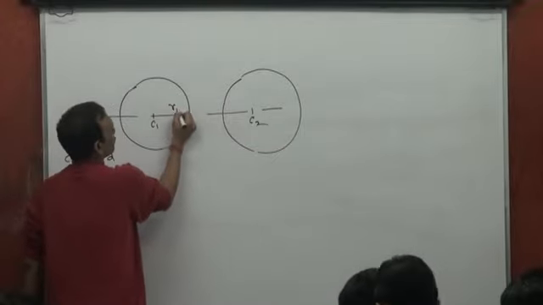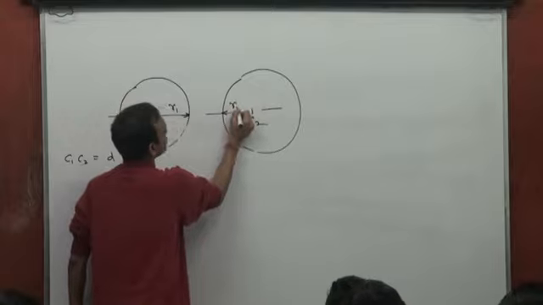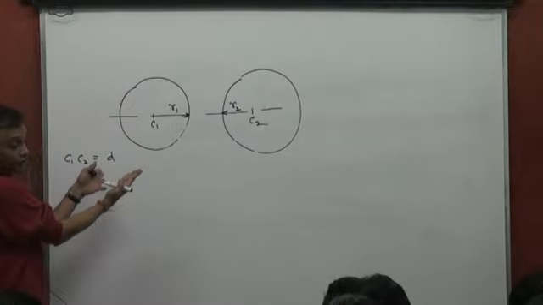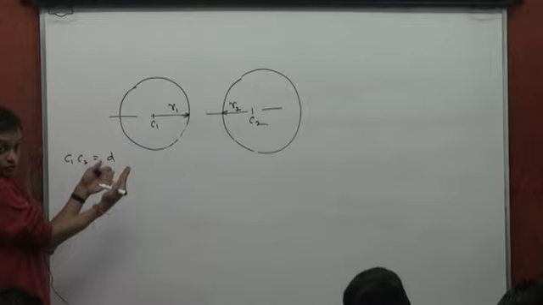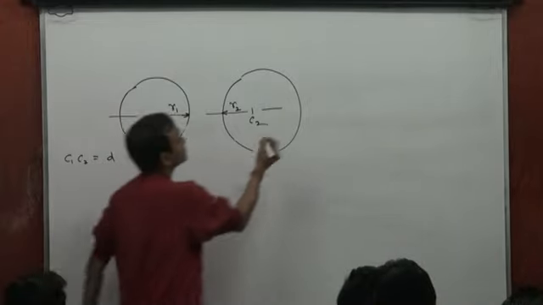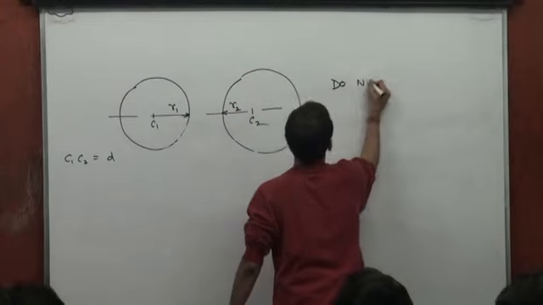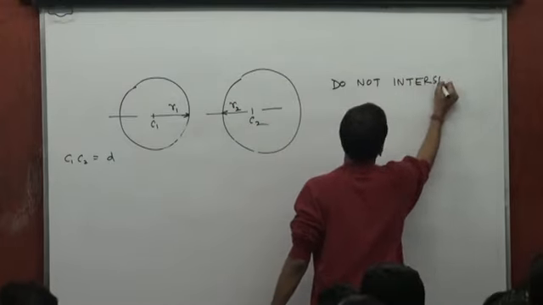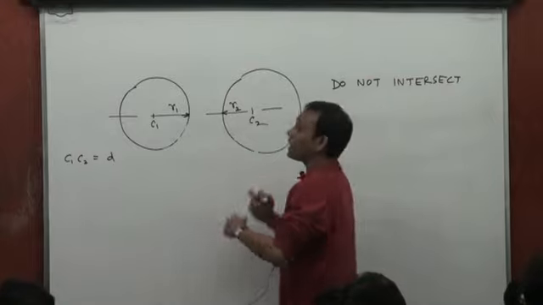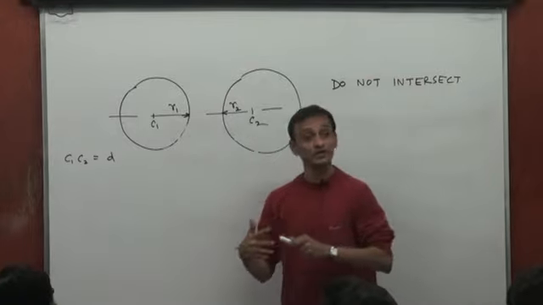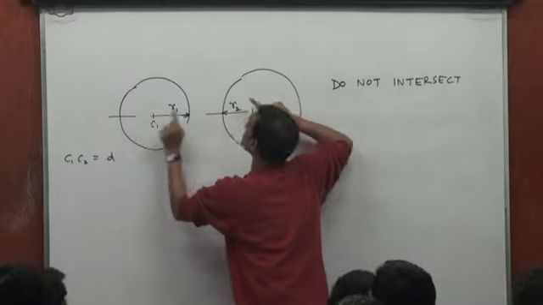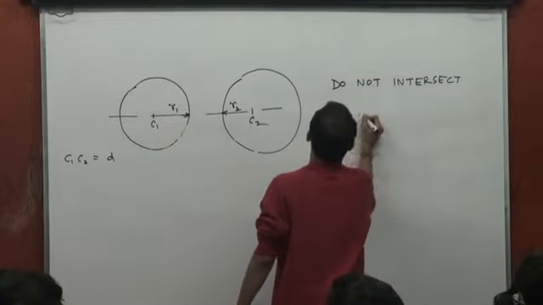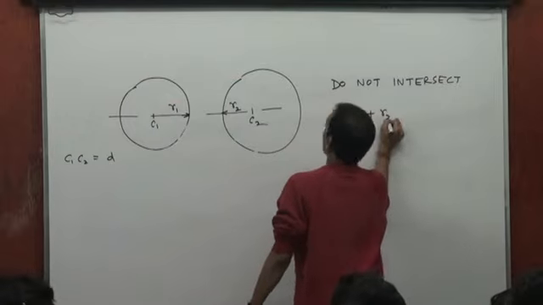R1 is the radius of one circle and R2 is the radius of the other circle, right? In this case, realize that the circles do not intersect very clearly. How does one check if the circles don't intersect? If the distance between their centers is greater than the sum of the radii. So this case is commensurate with d greater than R1 plus R2.